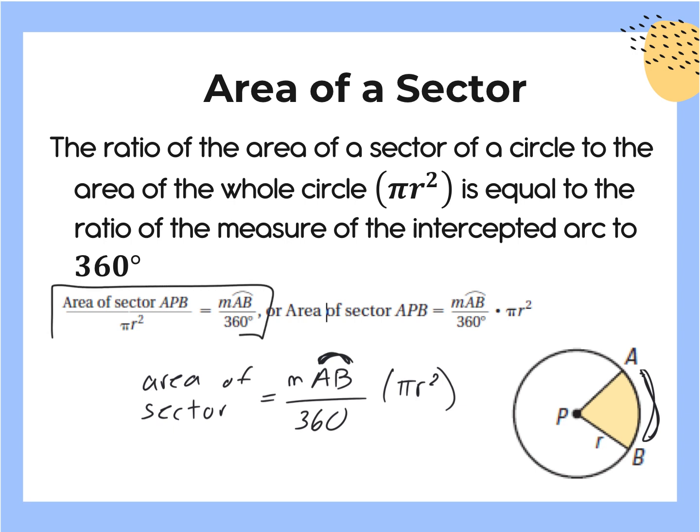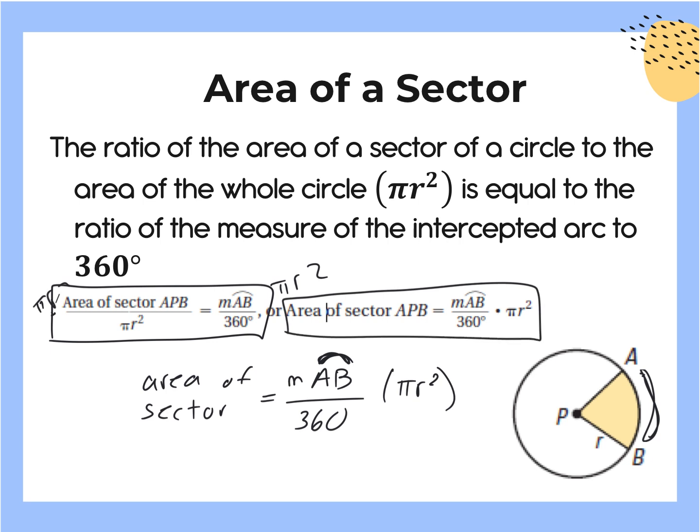So what I did is I grabbed this formula and multiplied times pi r squared on both sides. And that's how I got the formula that I have in the bottom, which is actually this same formula right here. But I wanted to explain it while I do it on the circle.